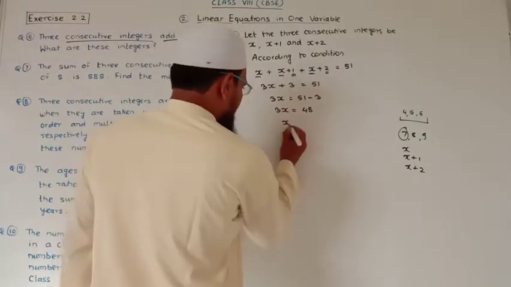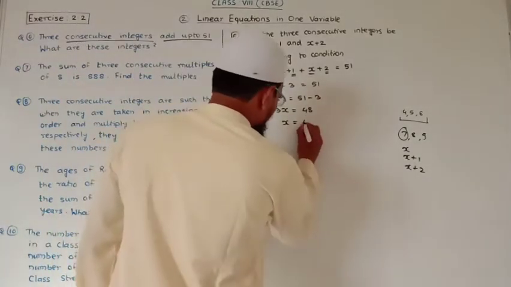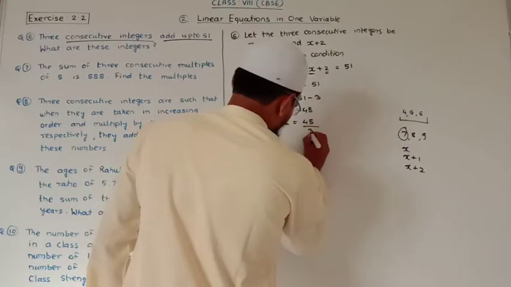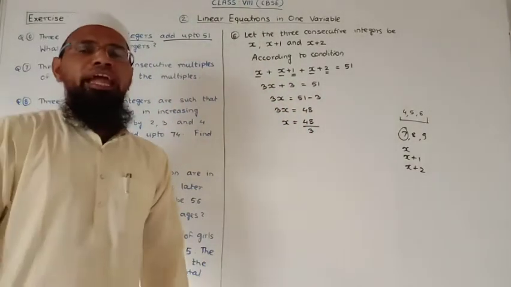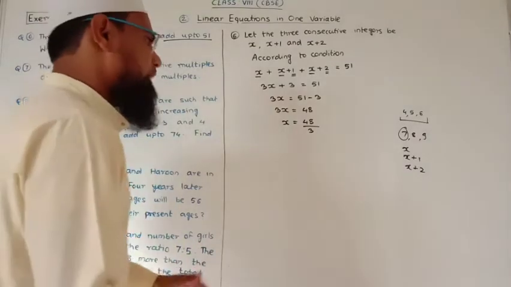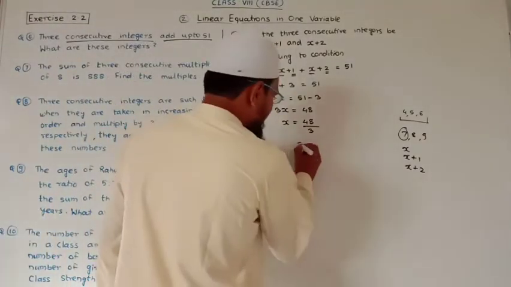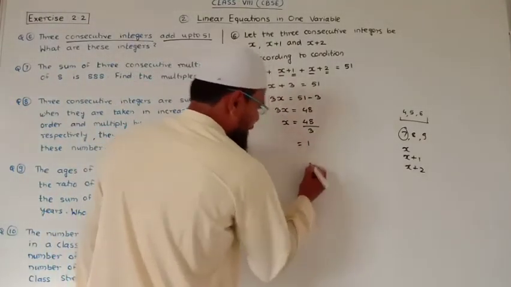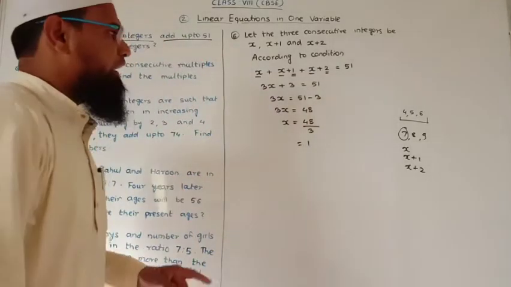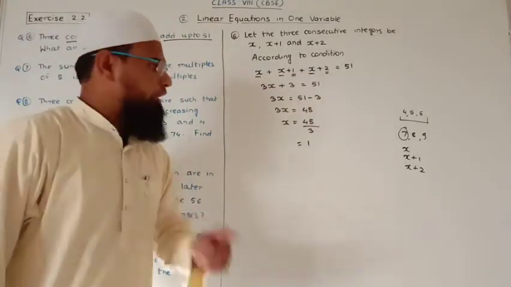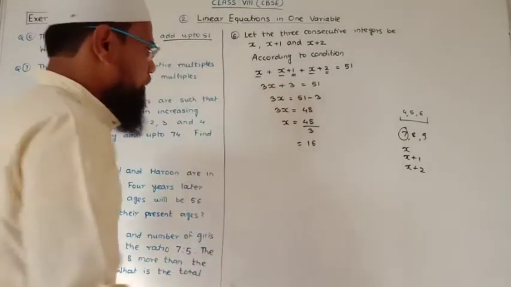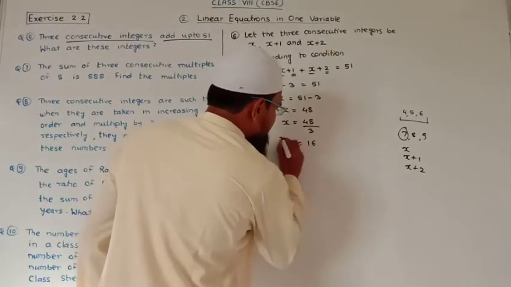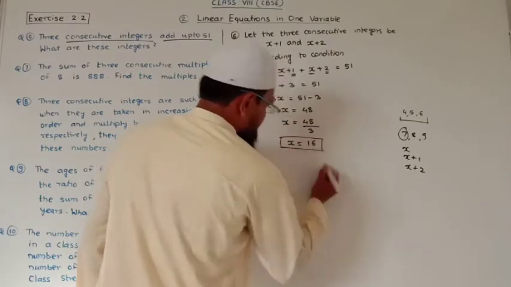So x is 48 upon 3. Now 48 is divisible by 3: 3 ones are 3, 1 remaining becomes 18, 3 sixes are 18. So we get x is 16.